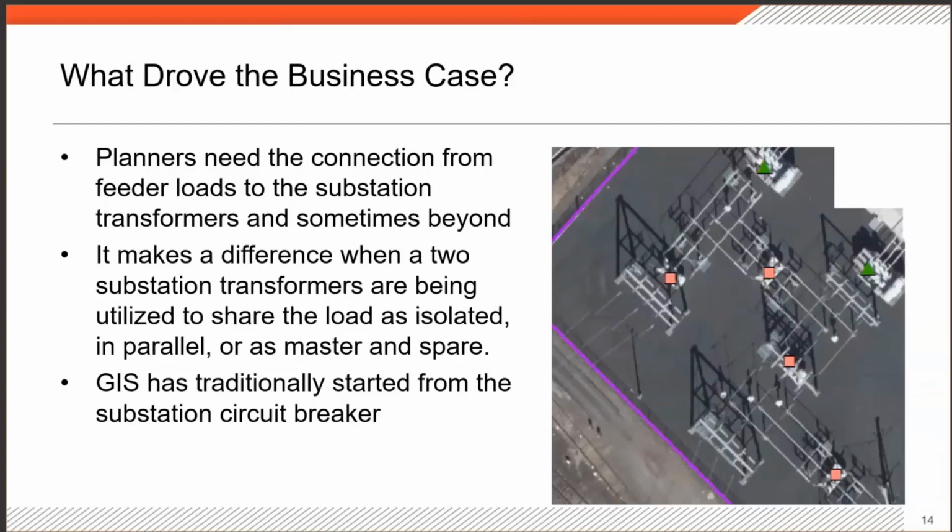and into all of our controls for operating. So GIS has traditionally started from the substation circuit breaker in order to provide a clean feeder level trace with no looping from the substation bus bar.